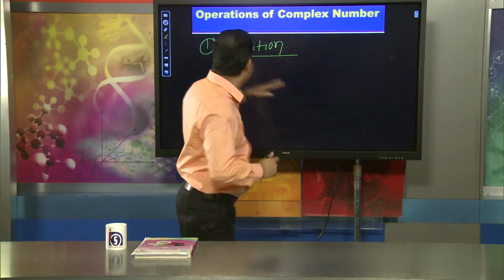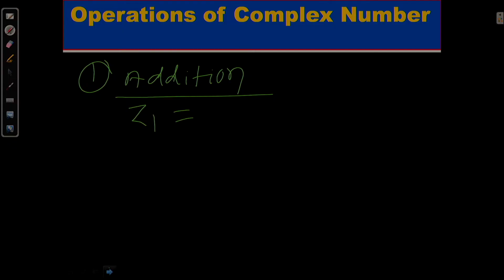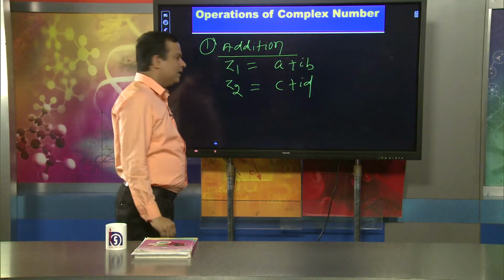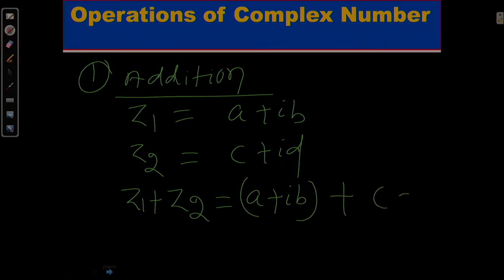For example, suppose Z1 is one of the complex numbers, A plus iB, and Z2 is another complex number, which is equal to C plus iD. How will we do it? Z1 plus Z2 is equal to A plus iB plus C plus iD.